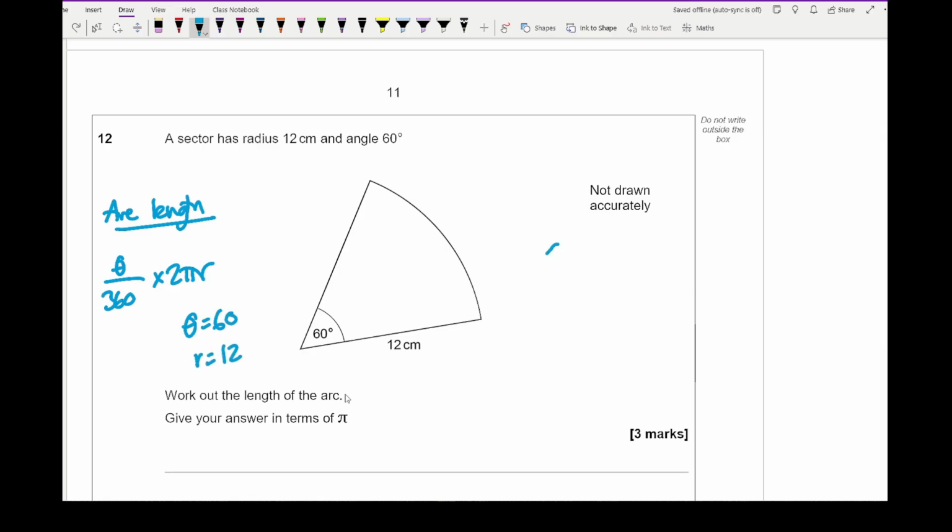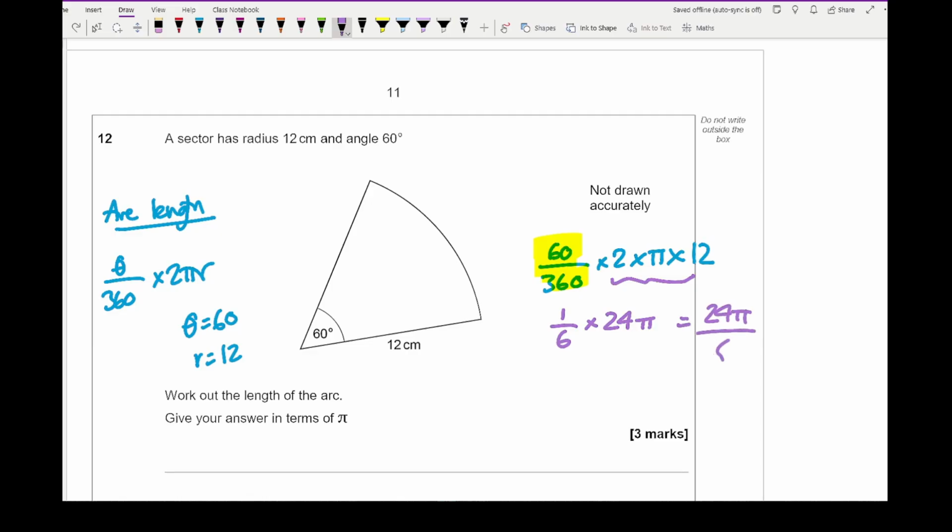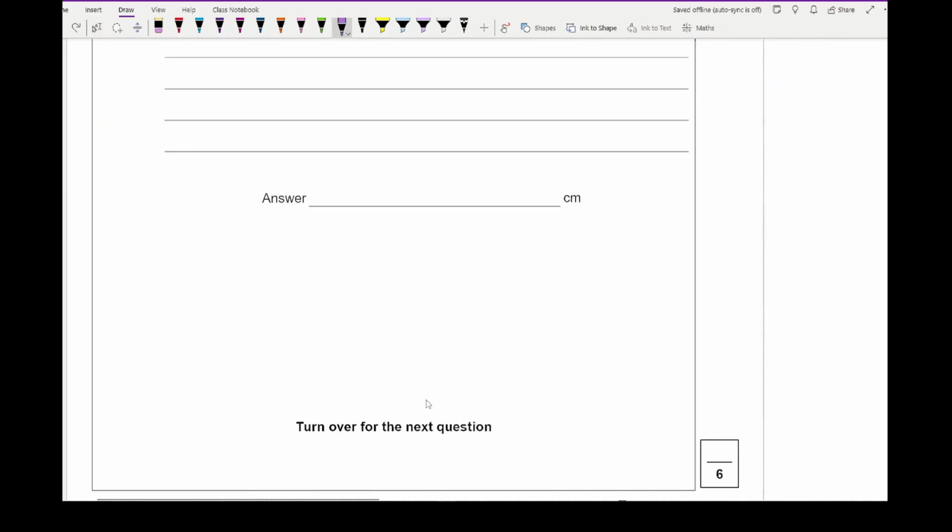If I substitute those numbers in, I get 60 over 360 multiplied by 2 multiplied by pi times 12. Now if I simplify the fraction, I get 1/6. If I simplify all of this, I get 24 pi over 6. I can simplify the 24 and the 6, which just leaves me with 4 pi. And there is my answer for that one.